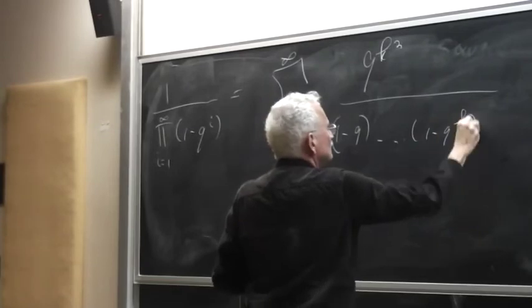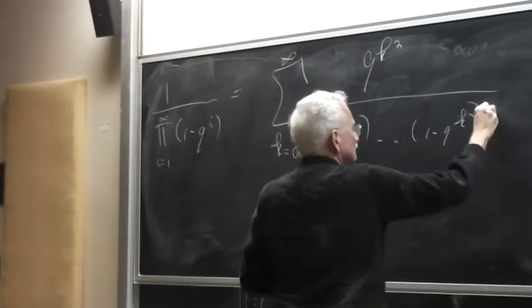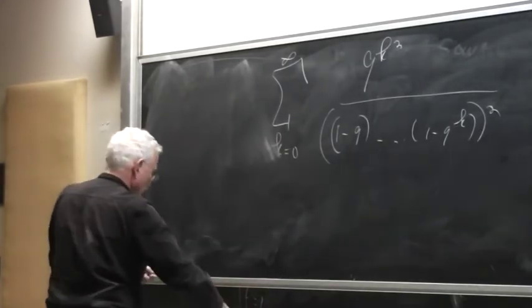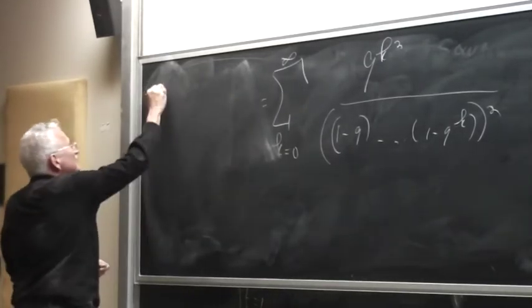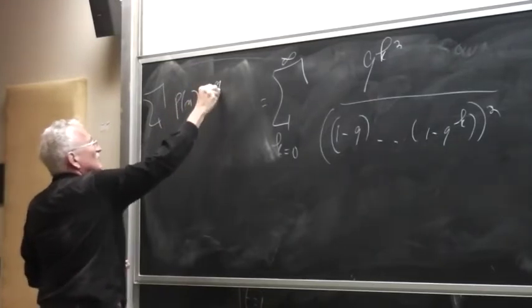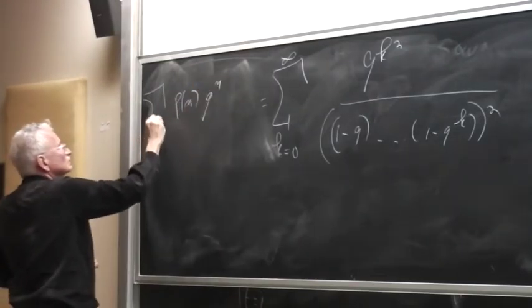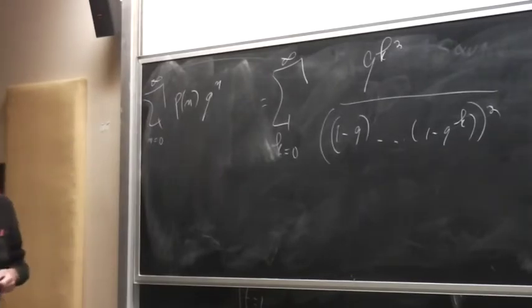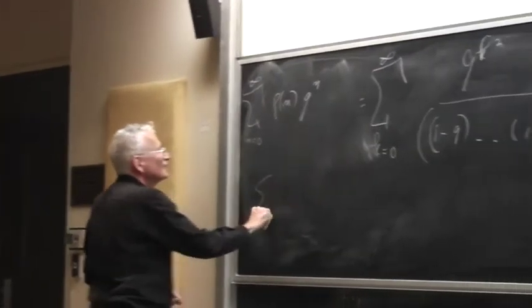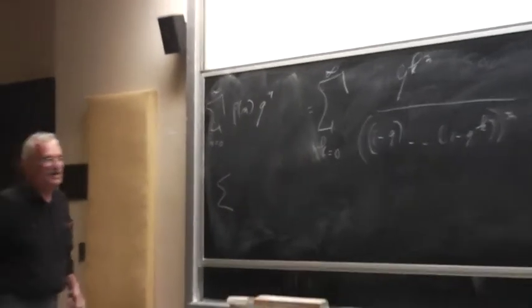Okay. And this is my definition of a theorem. Sigma P of n q to the n. But we are interested in a more refined thing. We are interested in the double generating function.